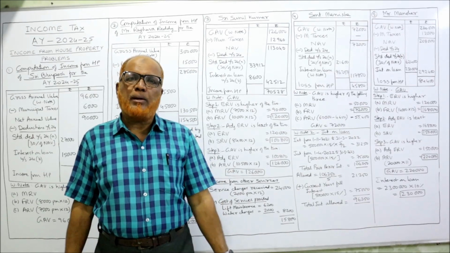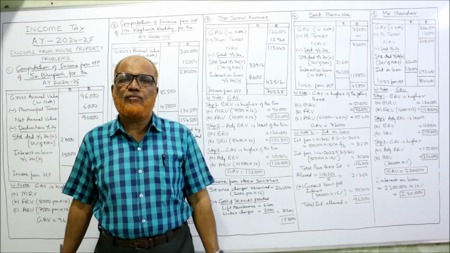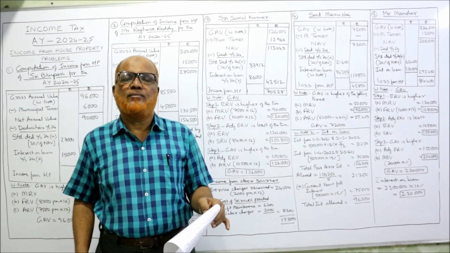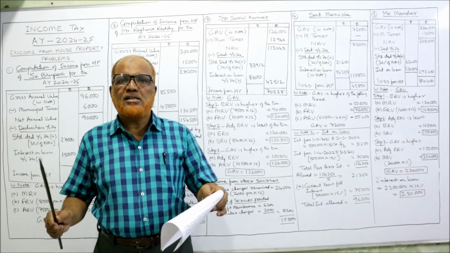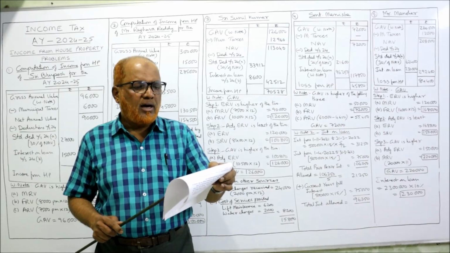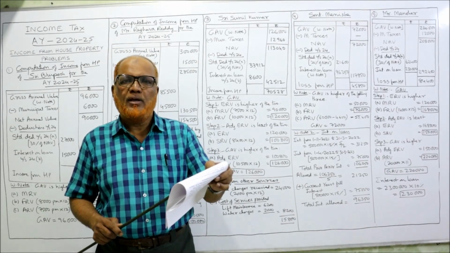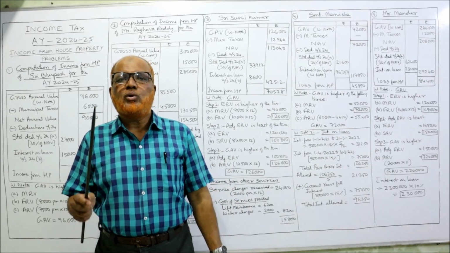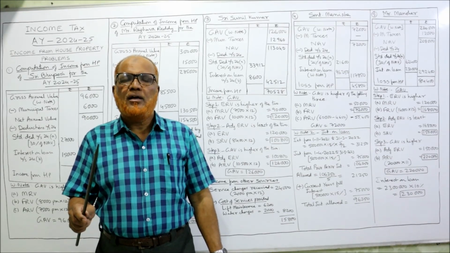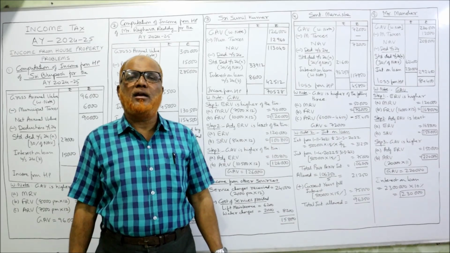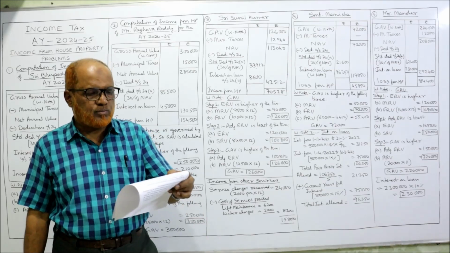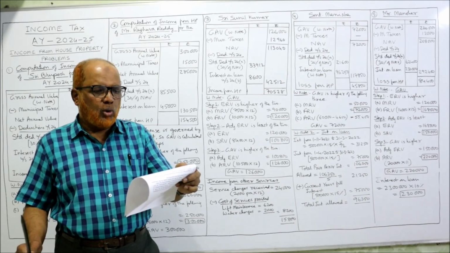So 2,000 per month, so 2,000 into 12, 24,000 is the service charges received. From that, deduct the cost of services, lift maintenance 6,200 and water charges 2,000, 8,200. So 24,000 minus 8,200, that is the amount taxable under income from other sources, not under income from house property. Repairs, ignore.